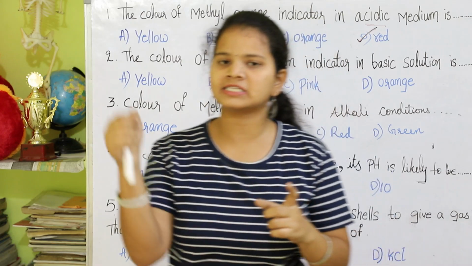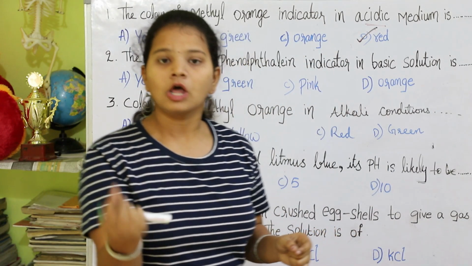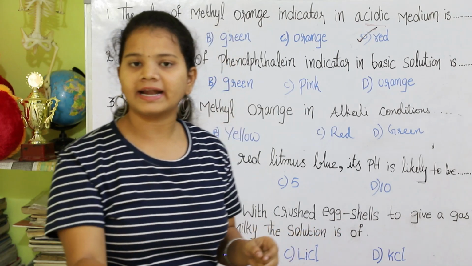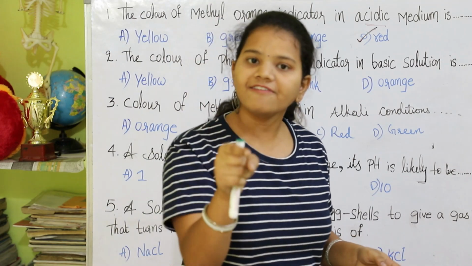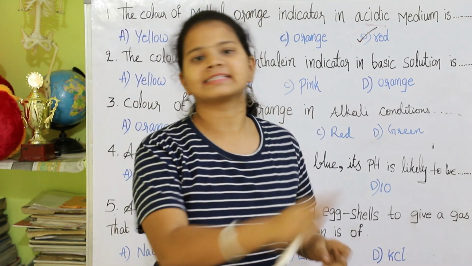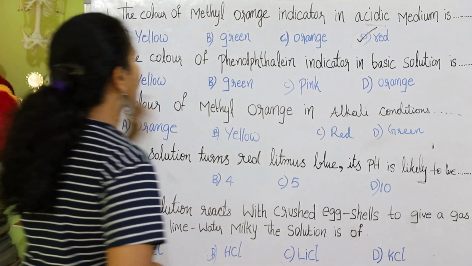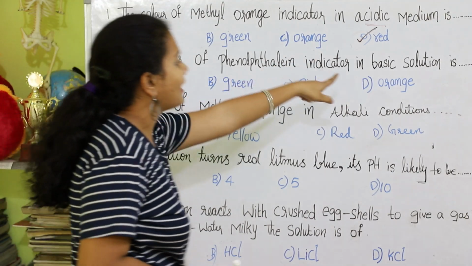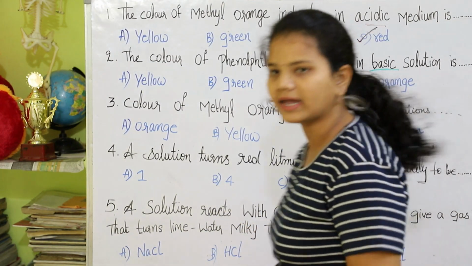If I put soap water, which is a base, on phenolphthalein indicator, it turns pink. But if phenolphthalein indicator is mixed with acid, it is colorless. It shows no color. Here they asked for base, so the answer would be pink. Pink will be the correct answer.